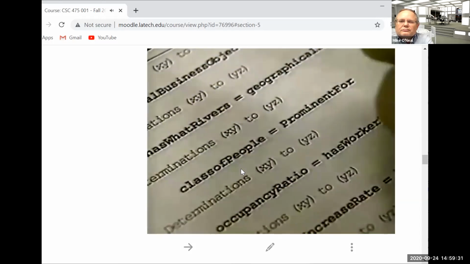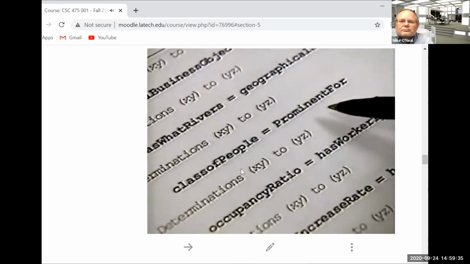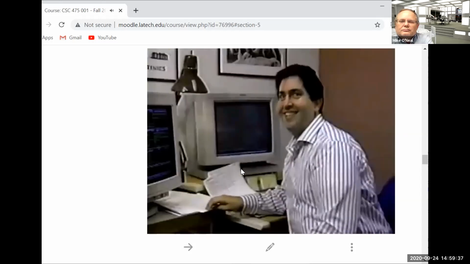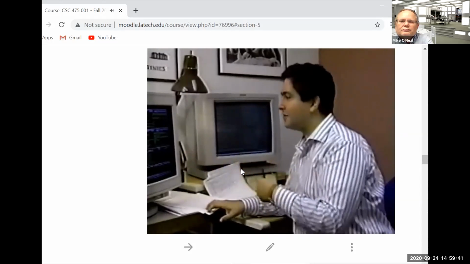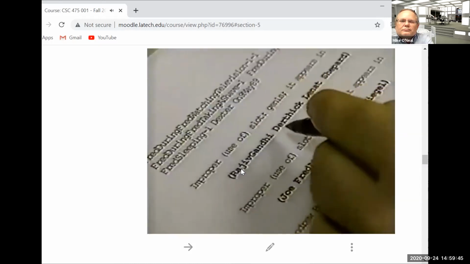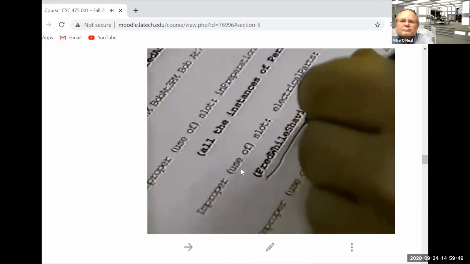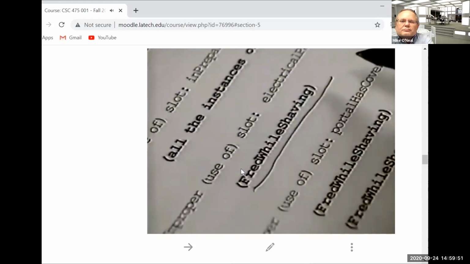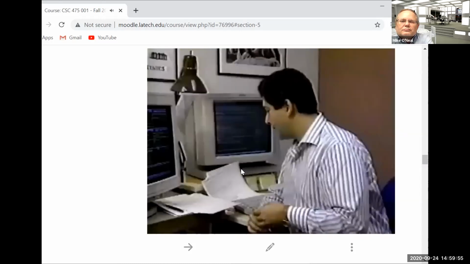Here's another funny skewing based on what happens to be in the knowledge base. This basically says that most people are prominent. And that's because most of the people that we put in, aside from ourselves working on the system, are famous people from history. This is actually another funny sort of misunderstanding, where it's been told about Fred while he was shaving in the morning.